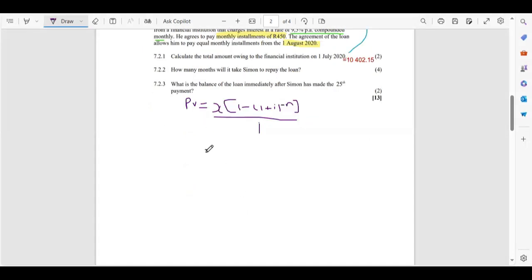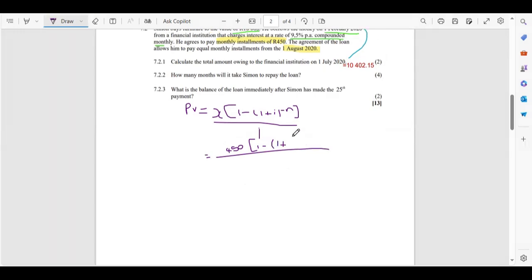Now our x, which is our monthly payment, would be equal to 450. So this should be 1 minus (1 plus my interest).